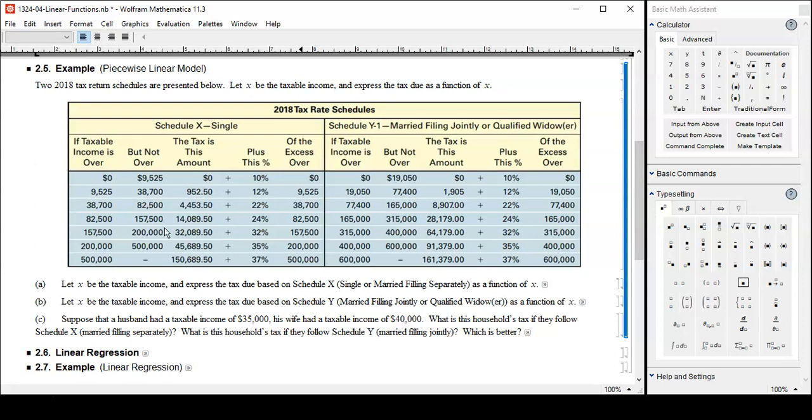One schedule is for single and the other schedule is for married filing jointly or qualified widow or widower. Let x be the taxable income and express the tax due based upon schedule X. So look at this one for part A, and part B is this one. And then part C, you have to answer some question.